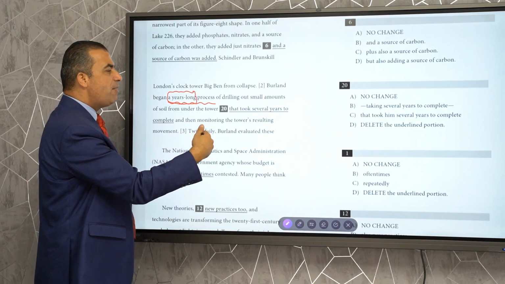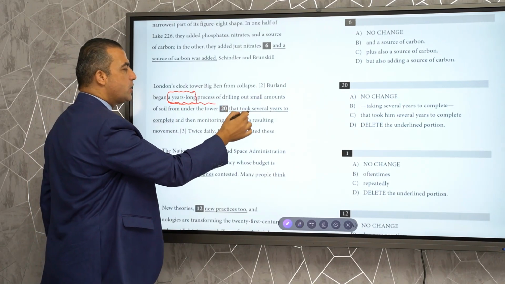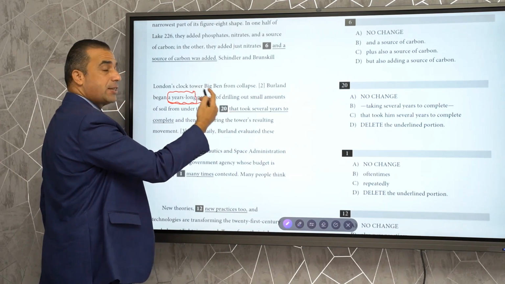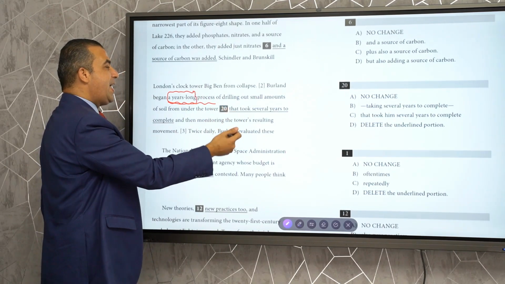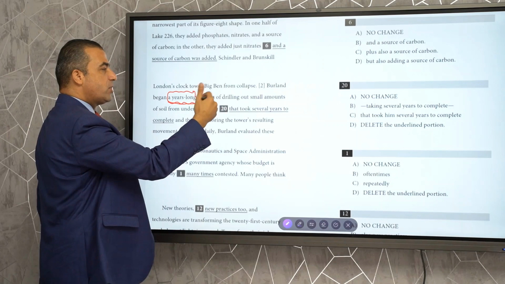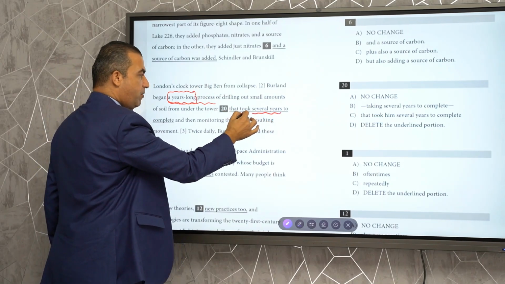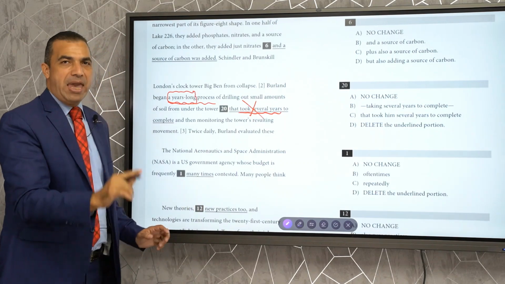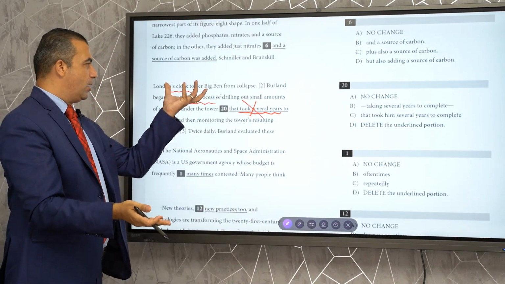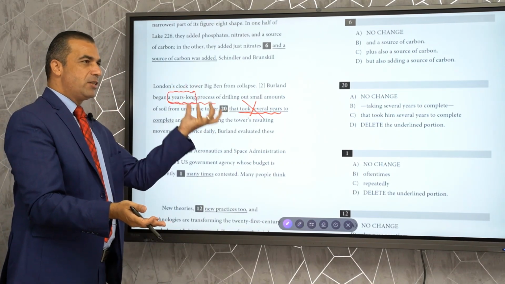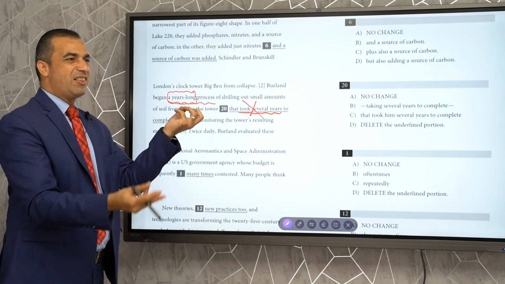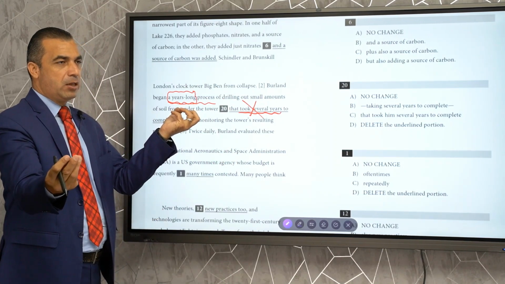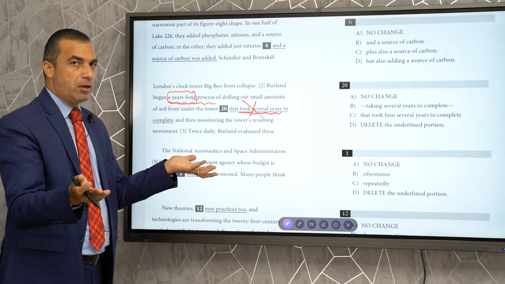Can I repeat myself again by saying that it took several years to complete? It's already years long. It's mentioned before. Of course not. I'm making redundancy. A years-long process means that it took several years to complete. So it's needless to say it.